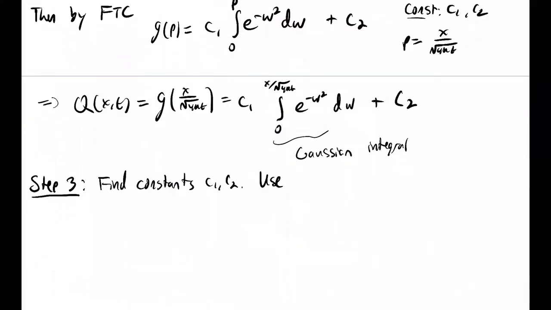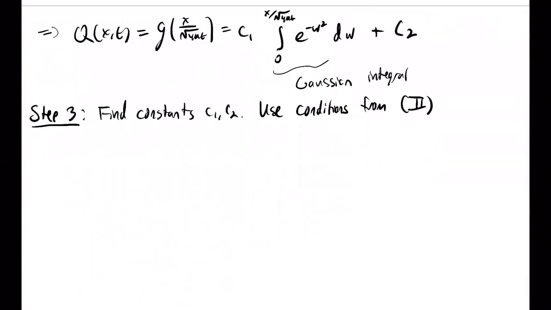Right, so what I want to do is use the conditions from 2. Okay, and so what is the first condition? Well, the first condition is a property when x is bigger than or equal to 0.